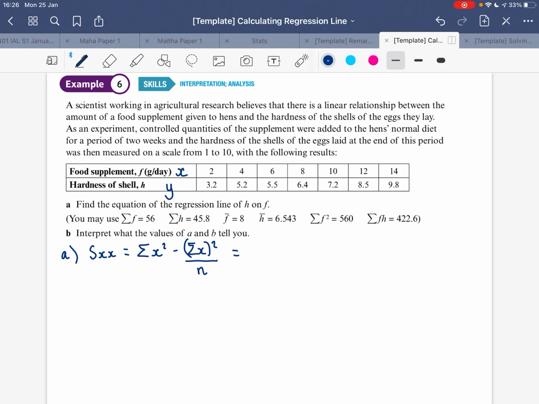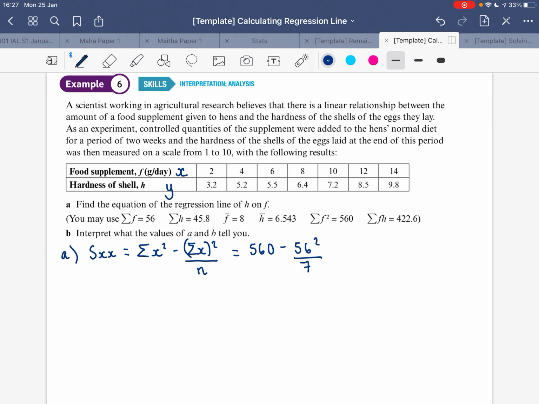So the sum of X squared is the sum of F squared, which is 560, minus the sum of F, 56 squared, divided by how many? 1, 2, 3, 4, 5, 6, 7, divided by our 7 pieces of data.